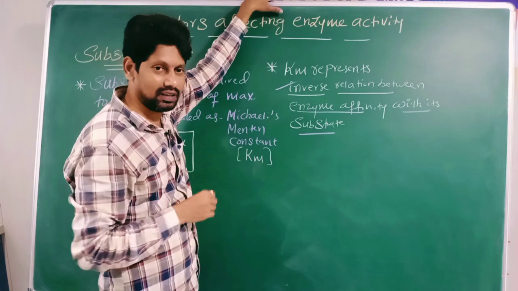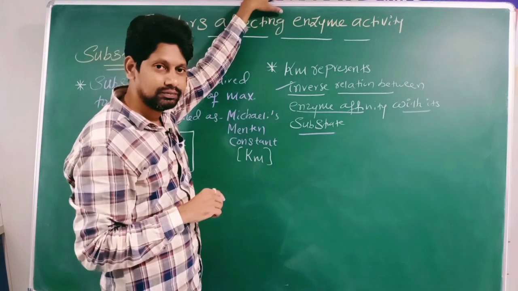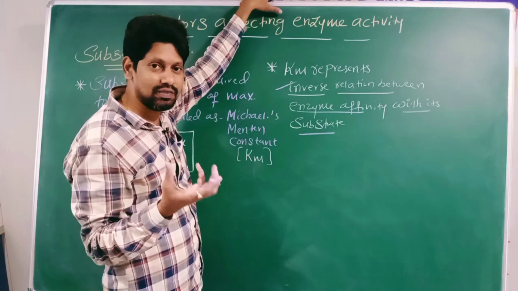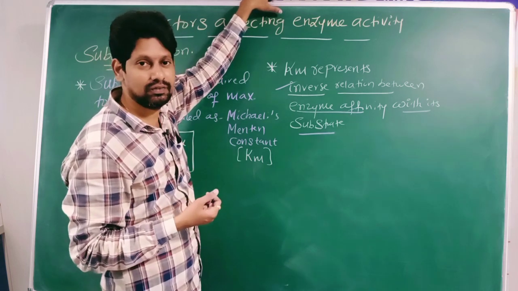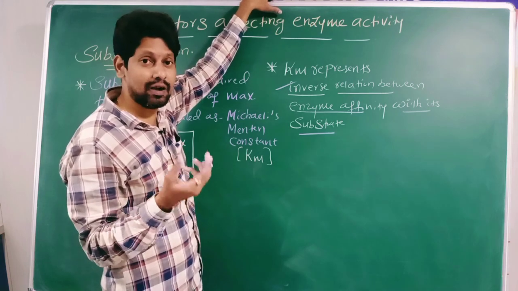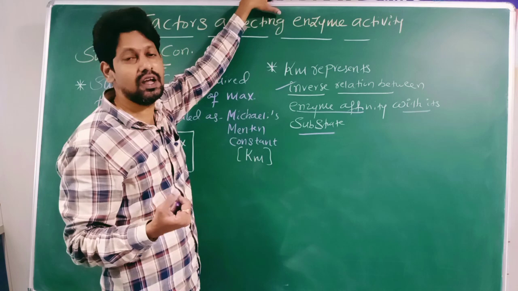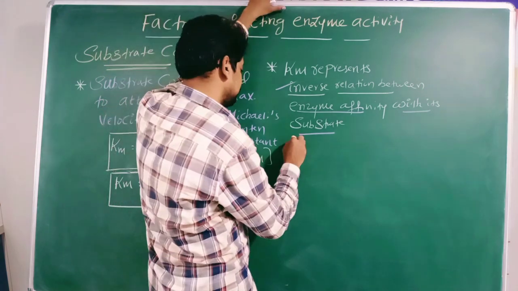Inverse relation there. We want that only, because substrate should be converted into product. So the enzyme should have more affinity towards the substrate. Therefore, the Km value of an enzyme should be low.